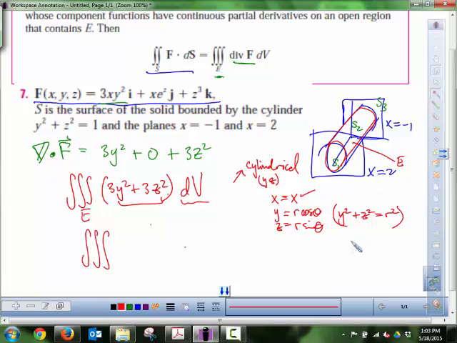I guess we should also figure out the limits here, our r limits and theta limits and x limits. I probably want to do x first. X looks like it's just going to be constant limits from -1 to 2. And then r, this looks like a radius 1 cylinder, so let's go from 0 to 1, and then theta wraps all the way around, 0 to 2 pi.